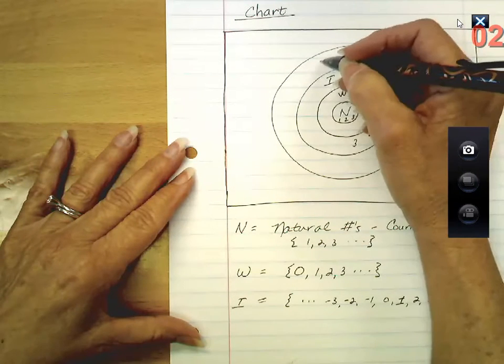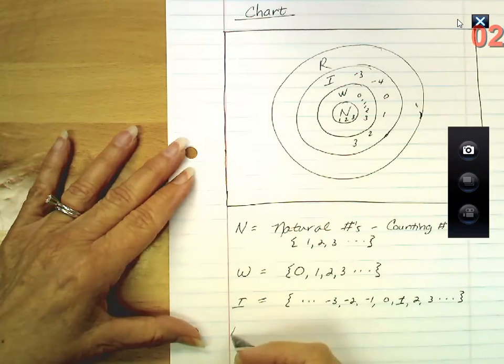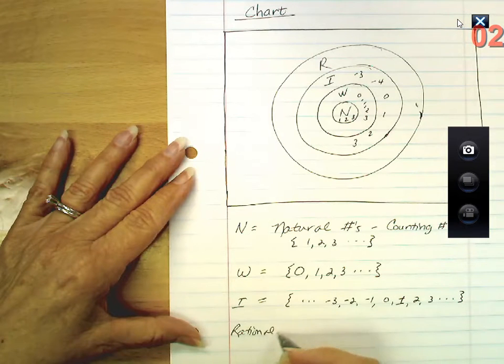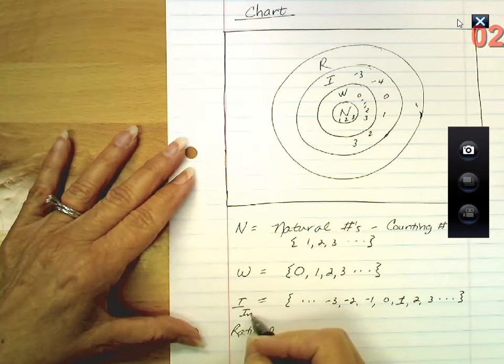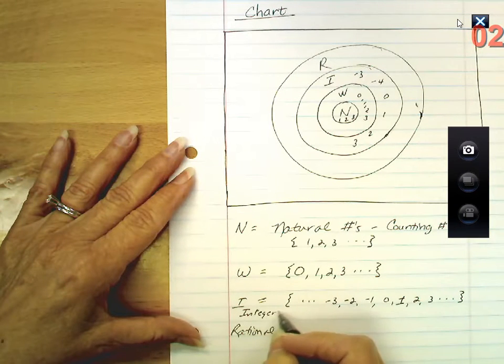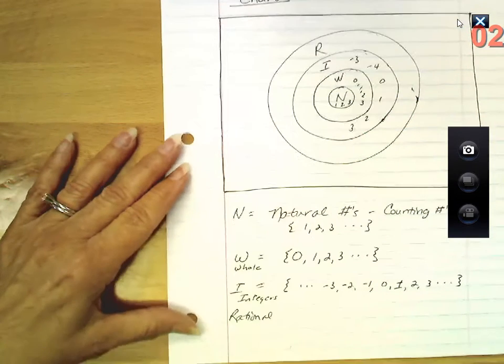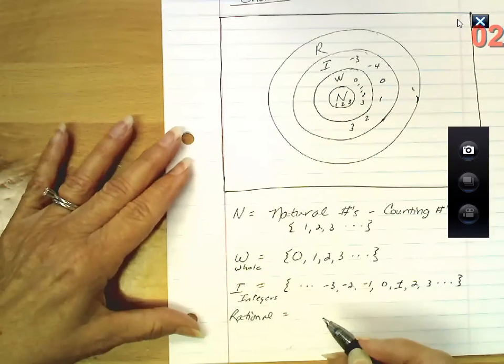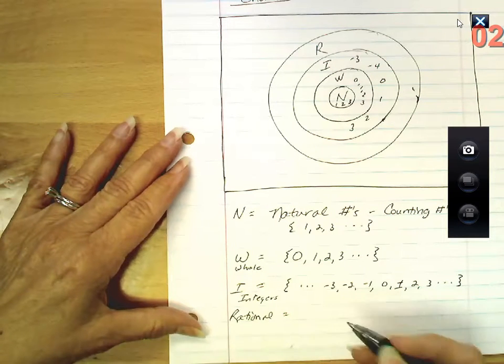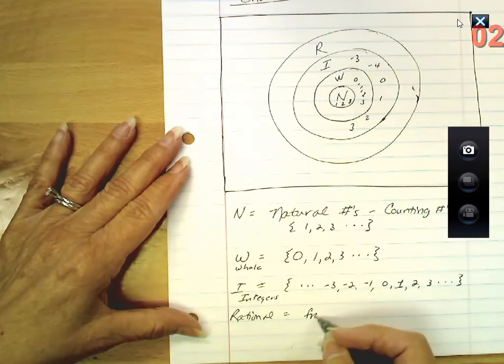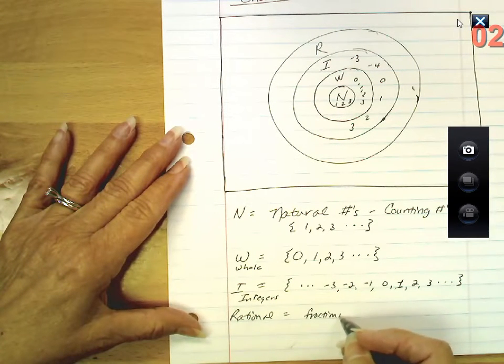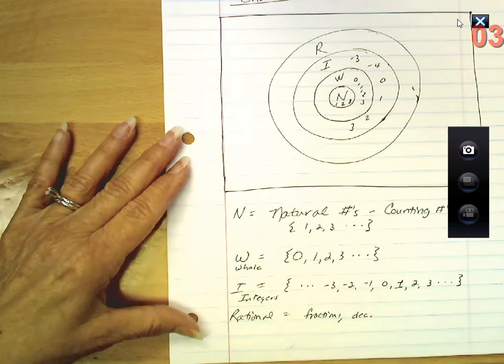Next is rational. The R is rational. I guess I needed to write down integers on these. The rational numbers are the fractions and the decimals. Fractions and decimal numbers.